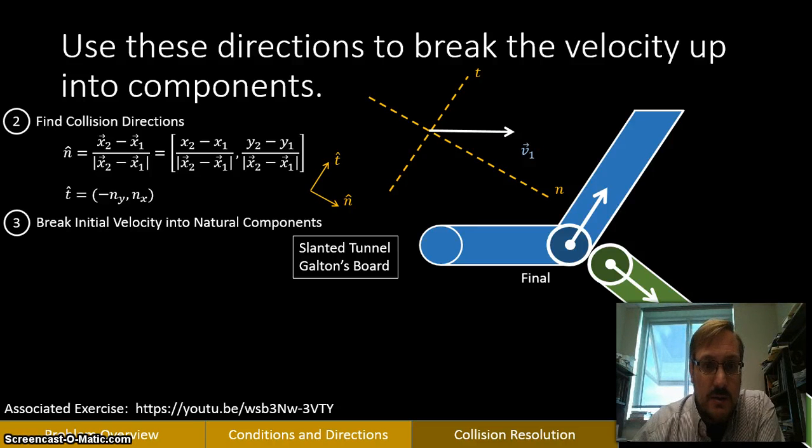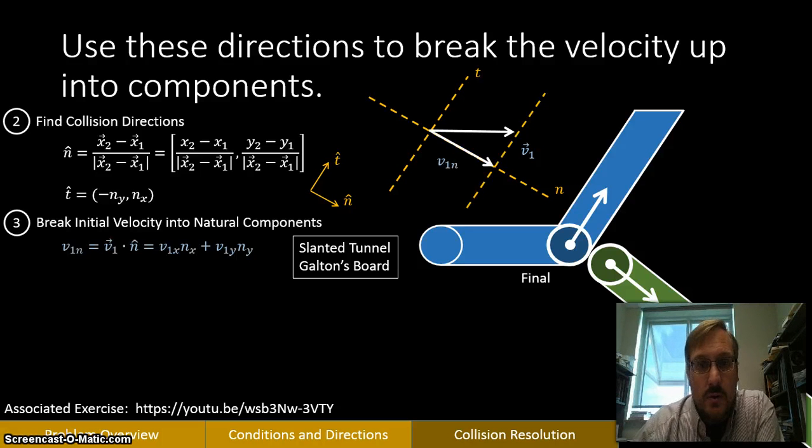So breaking these things up into these two components is just a matter of your normal sort of projections. So a projection is just the dot product of a vector with a unit vector in the direction you want to find its components in, right? So that's v1 dot the normal direction. So the velocity of the original ball dot the normal component there, and the dot product again was just the pairwise sum of the components of the two vectors.